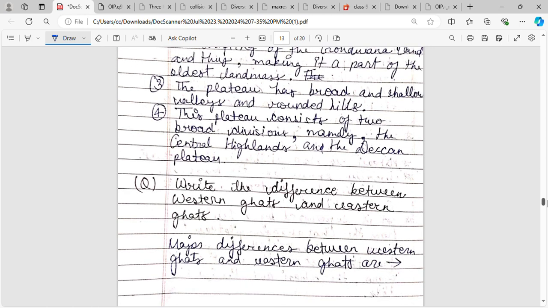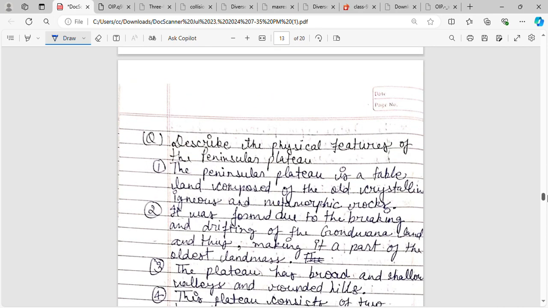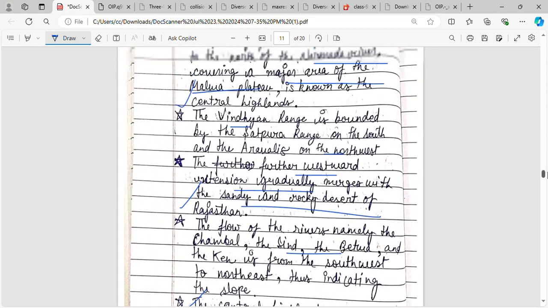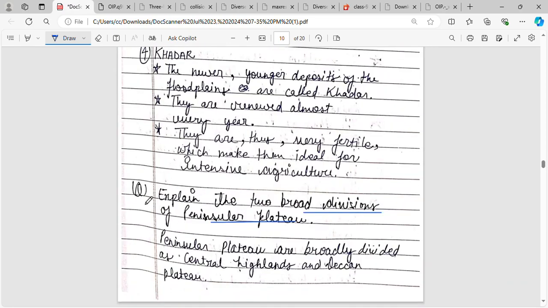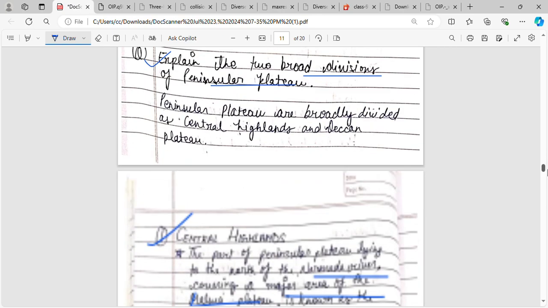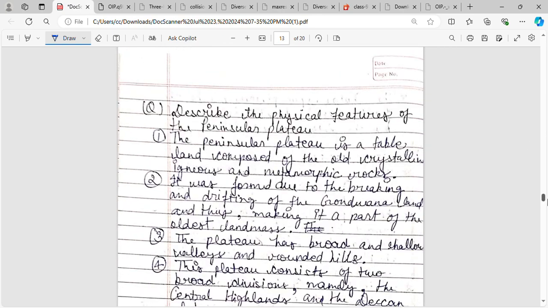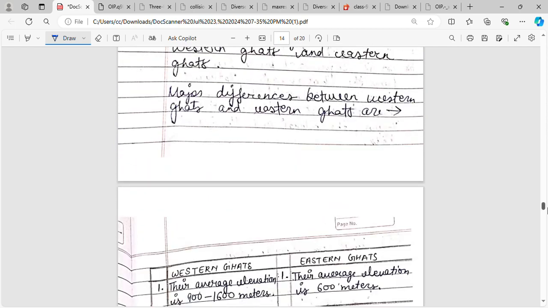The plateau has broad and shallow valleys and rounded hills. This plateau consists of two broad divisions, namely Central Highlands and Deccan Plateau. Actually, I believe this question should be above this one here. Explain the two broad divisions of Peninsular Plateau. They have explained the physical features of Peninsular Plateau after explaining the divisions.